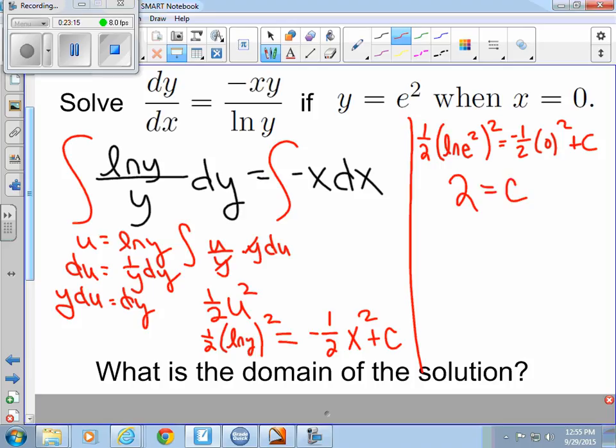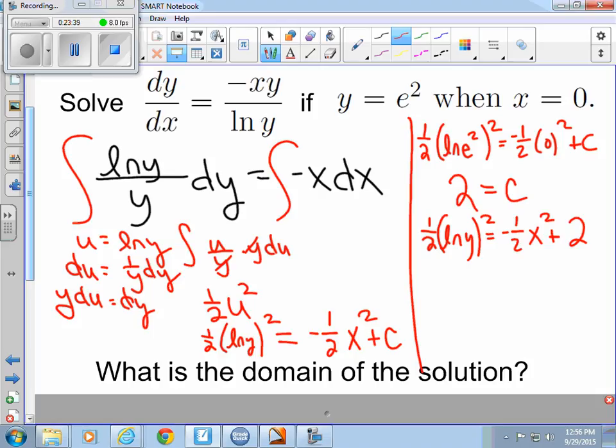So, am I going too fast? So I get 1/2 natural log y squared equals negative 1/2 x squared plus 2. Solve for y. Takes me a little bit.